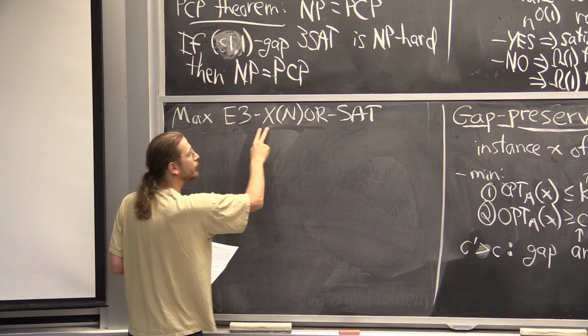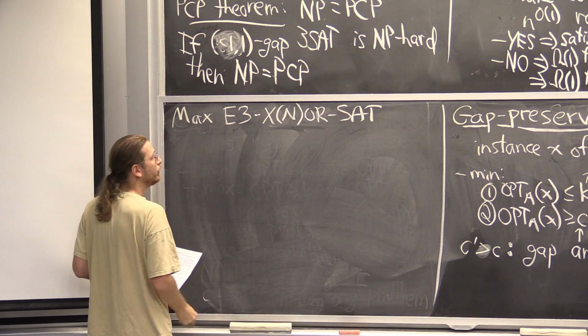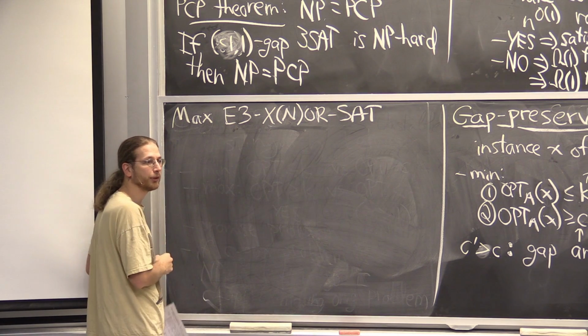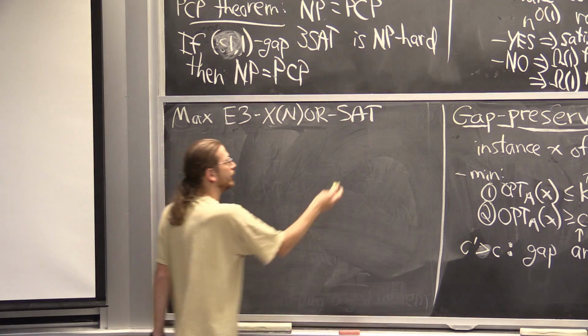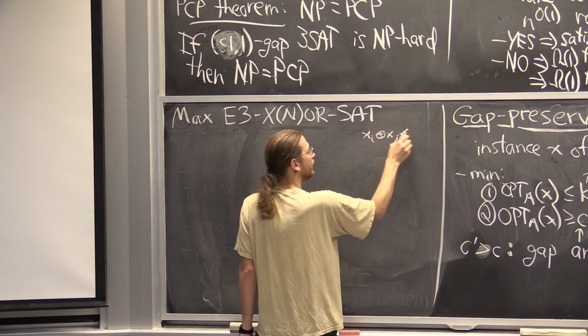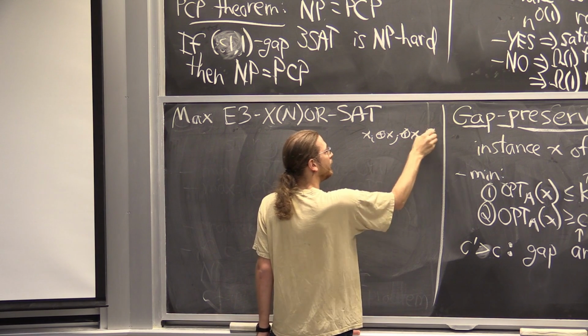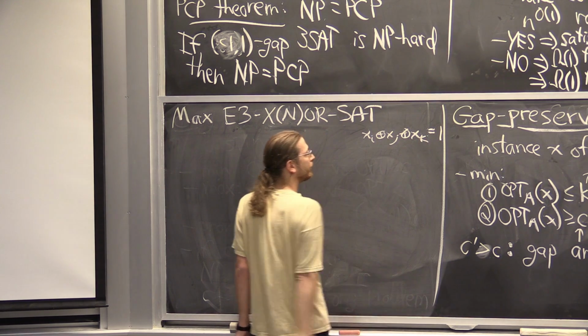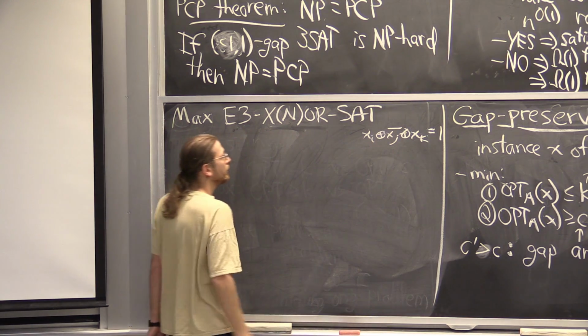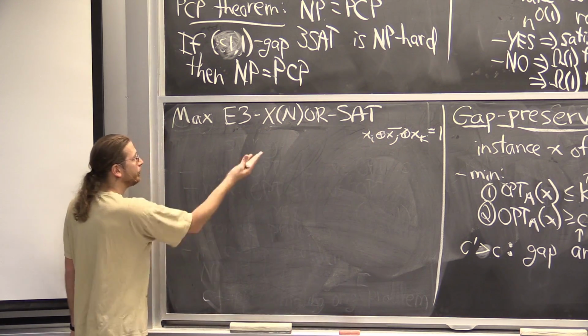This is linear equations mod 2, where every equation has exactly 3 terms. Something like x_i XOR x_j XOR x_k equals 1. You can also have negations here. So I have a bunch of equations like that.